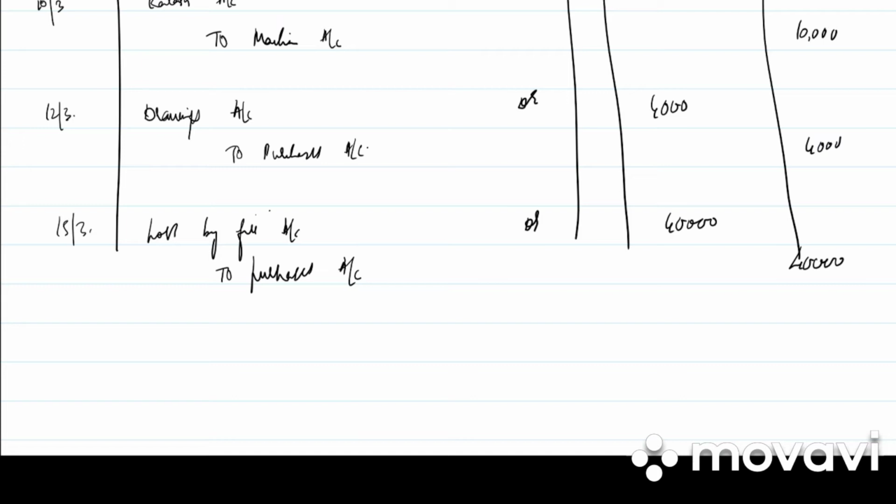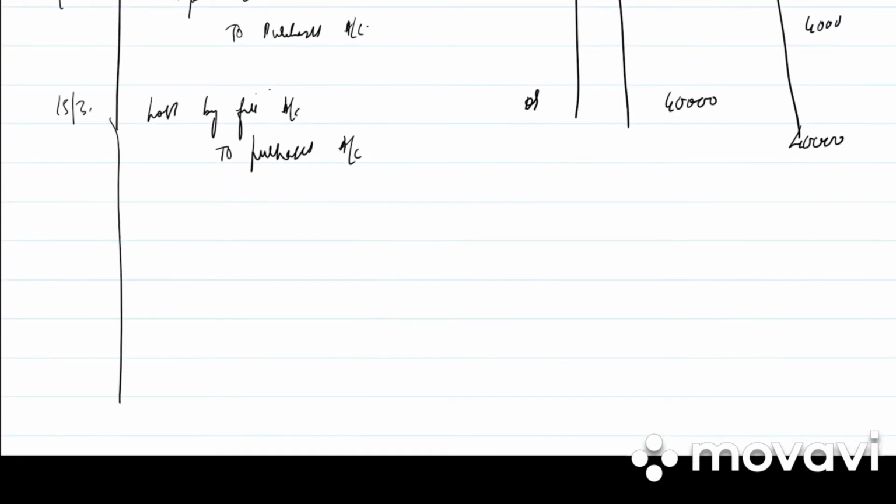Then on 20th March we have insurance company admitted a fire insurance claim of 25,000. So it is insurance company account debited to loss by fire, 25,000 debit, 25,000 credit. Write down the narration. Insurance claim admitted by insurance company.